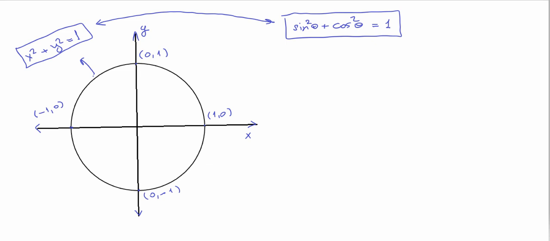Well, I have already these intersection points. This one, for example, 1, 0 and 0, 1. This is going to give me an idea about it. Okay?